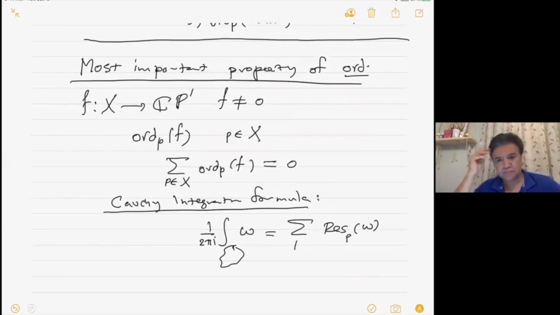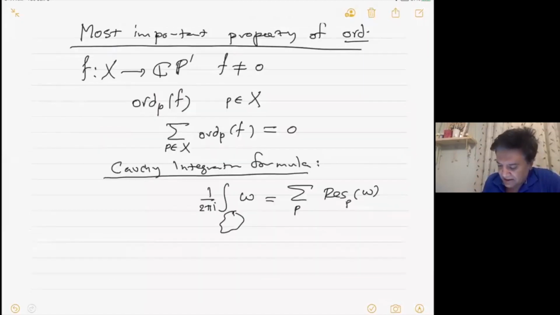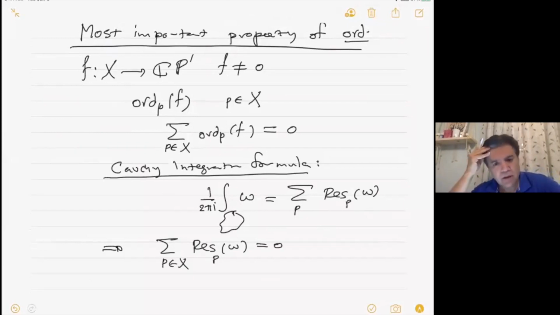This is the integral formula. And as a consequence, you get that the sum of the residues of omega for all points in X is always equal to 0. And why is that? Because you can take your closed path so small that it doesn't contain any poles.